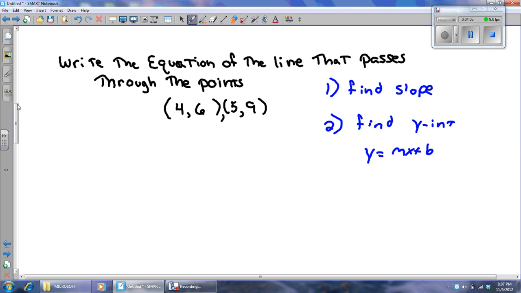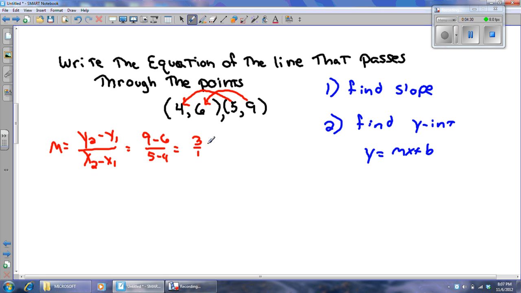Well, I remember that the slope can be found by doing y sub 2 minus y sub 1 over x sub 2 minus x sub 1. And so that would be 9 minus 6 over 5 minus 4, which will end up being 3/1, or better yet, just plain old 3.